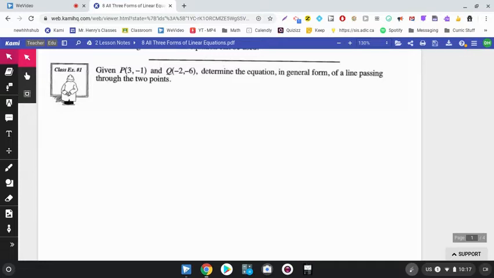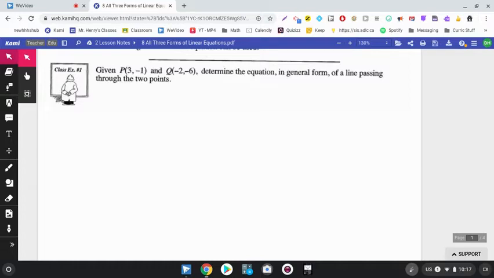Okay, so I disregard that and I say, all right, well, can I start by just finding the equation of the line in any form and then rearrange to general? Okay, and if I think, well, slope y-intercept form, I need the slope and I need the y-intercept. Or slope point, I need the slope and I need a point.